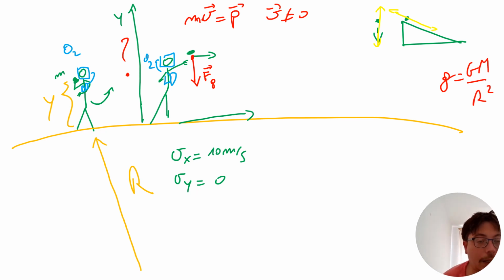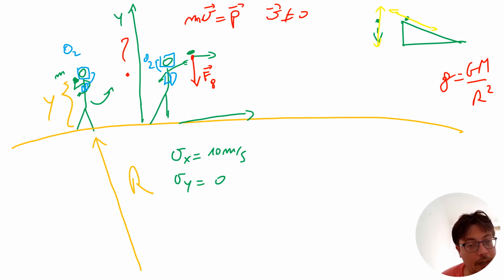We can safely neglect the component, it should be r plus y squared, but y is like 1 meter and r is thousands of kilometers, so it's completely fine to ignore that change in the gravitational force. So we just neglect it. That's fine.